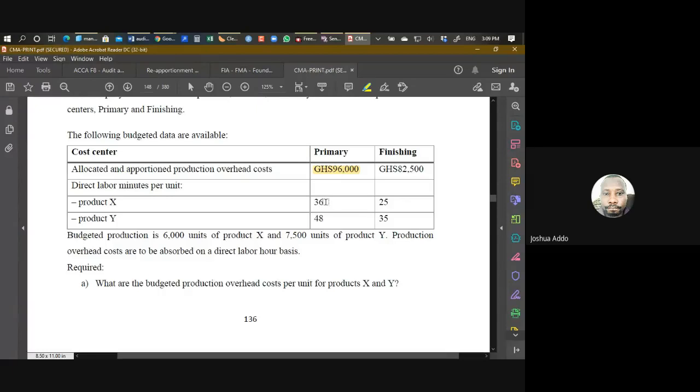So labor hours that X is generating in primary department is 36. Y in the same department is 48 minutes. So we have to convert the minutes into hours. Converting 36 minutes into hours, what would it be? This one is basic mathematics, so I can call any one of you.